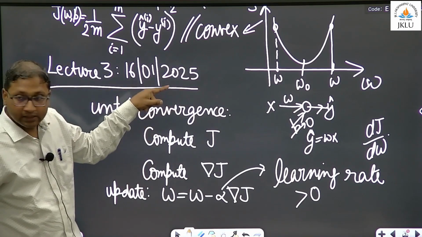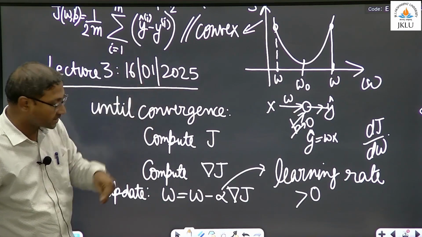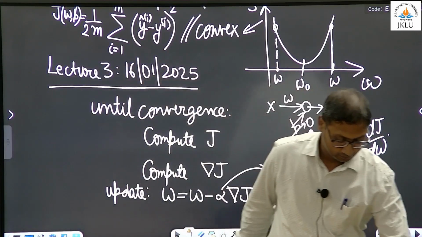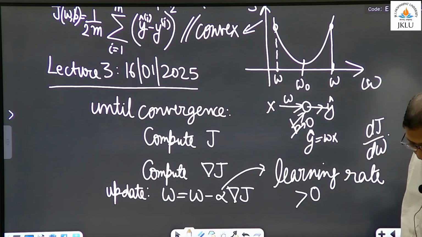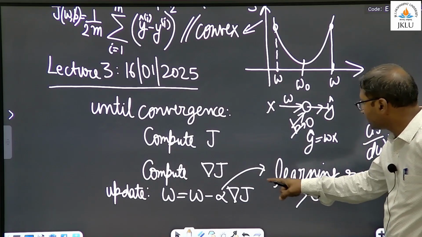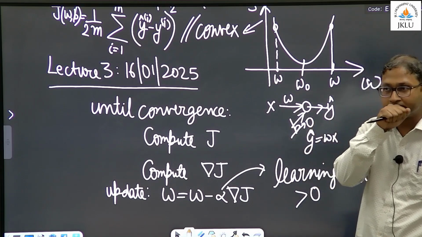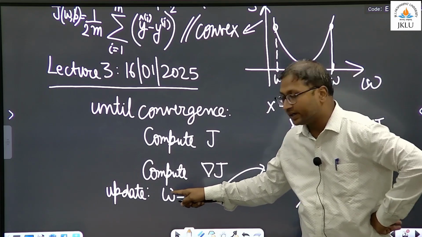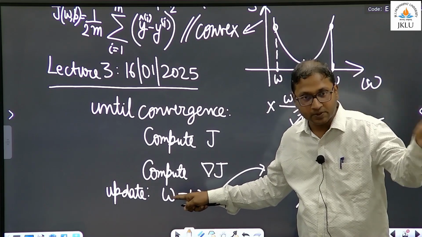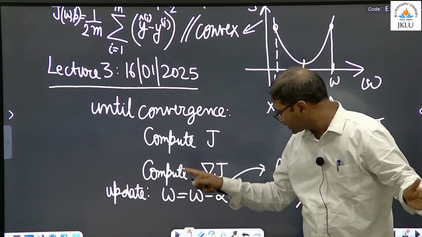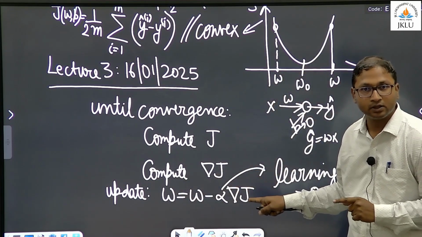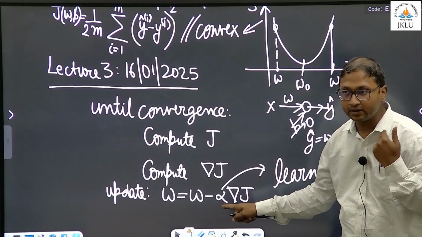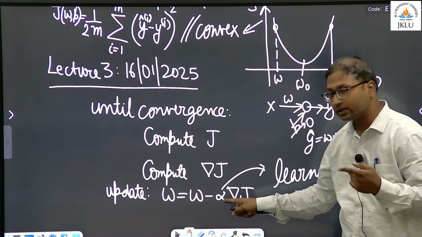when will the condition of convergence come? When W stops updating, and this can happen only when grad J becomes 0, because we have ruled out the possibility that alpha is 0.